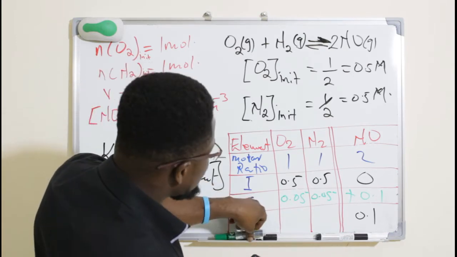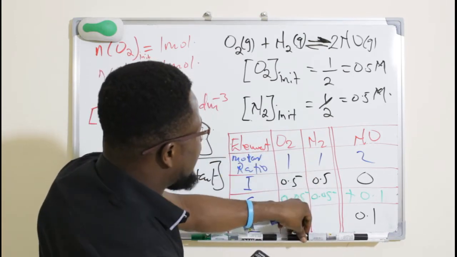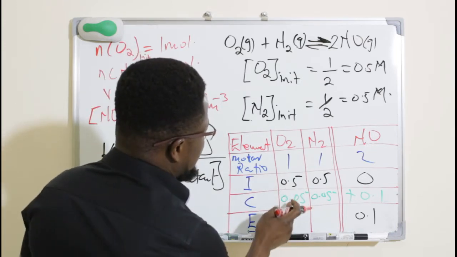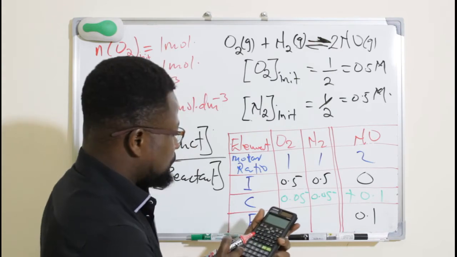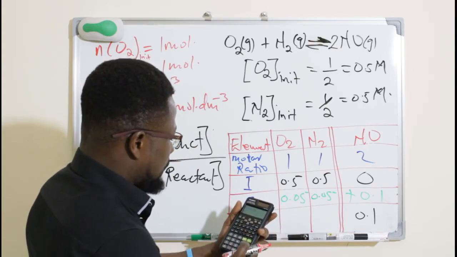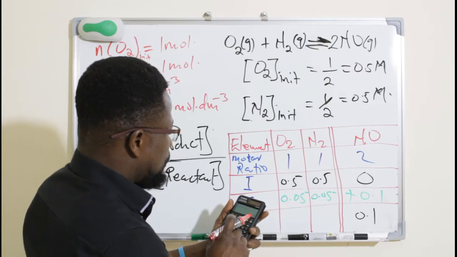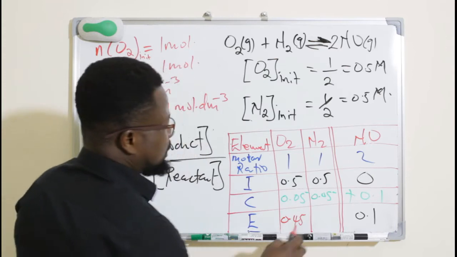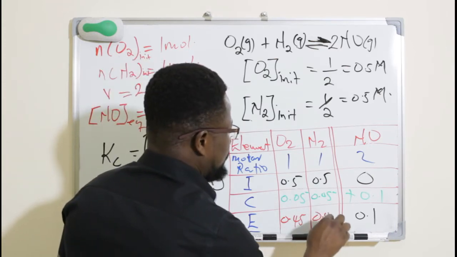So if it should be negative, I am going to subtract this from this. I have 0.5 minus 0.05, and what will that give? That will give me 0.45. The same thing happens there, 0.45.